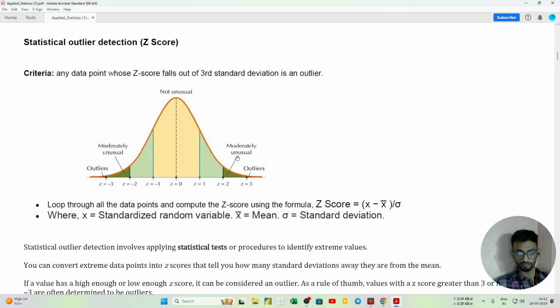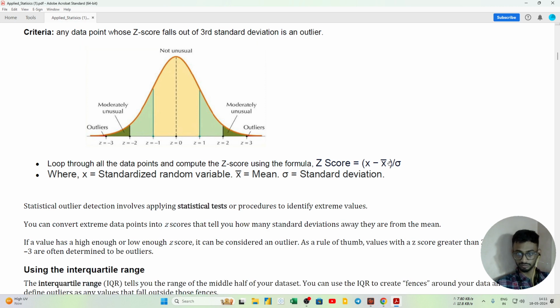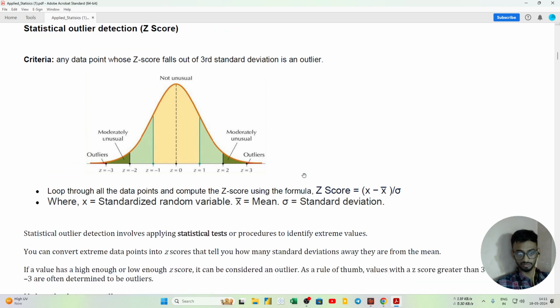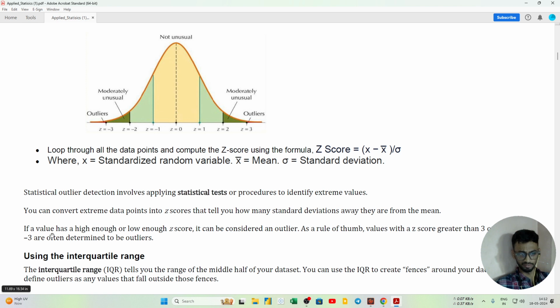In this way we measure the z-score, and any value greater than the positive z-score threshold or lower than the negative one is an outlier. If a value has a high enough or low enough z-score, it can be considered an outlier.